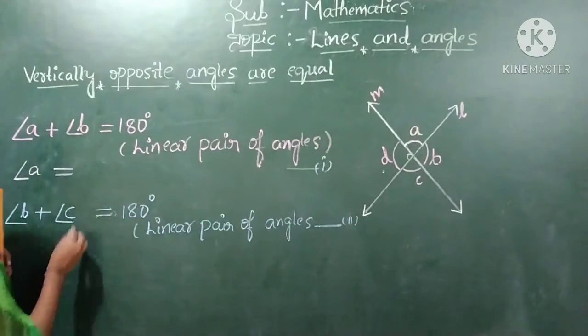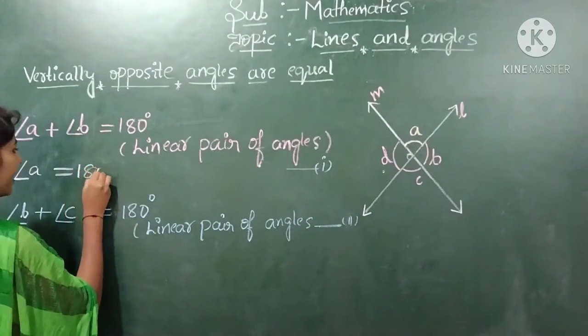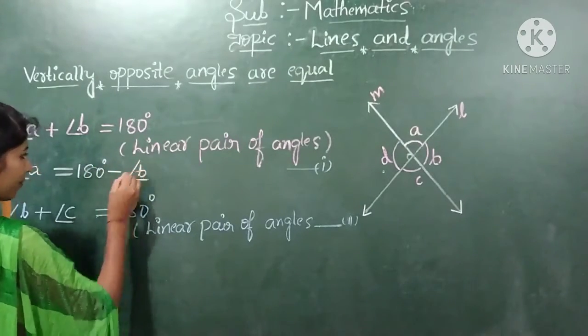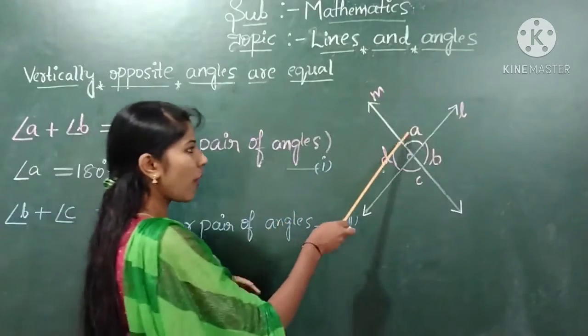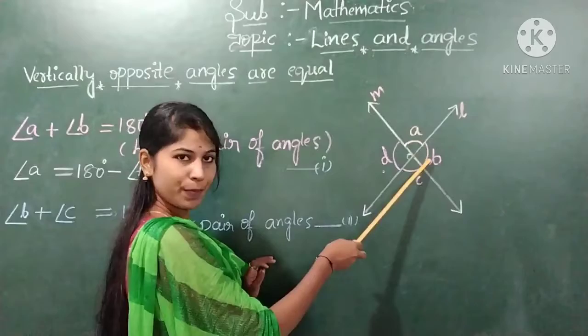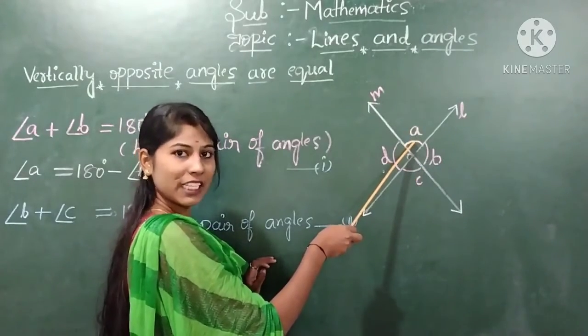Angle A is equal to 180 degrees minus angle B.